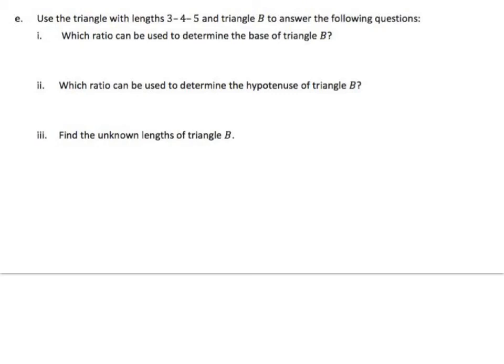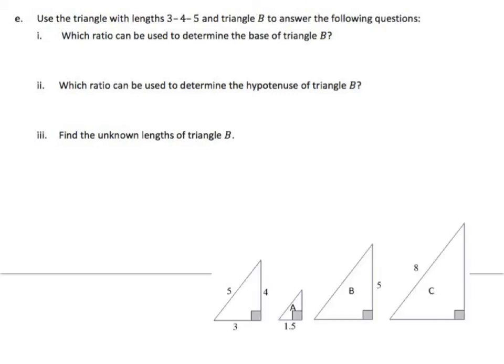E, use the triangle with lengths 3, 4, 5 and triangle B to answer the following questions. Which ratio can be used to determine the base of triangle B? I have the height, so that'd be the base to height ratio. Which ratio can be used to determine the hypotenuse? That'd be the height to hypotenuse ratio.